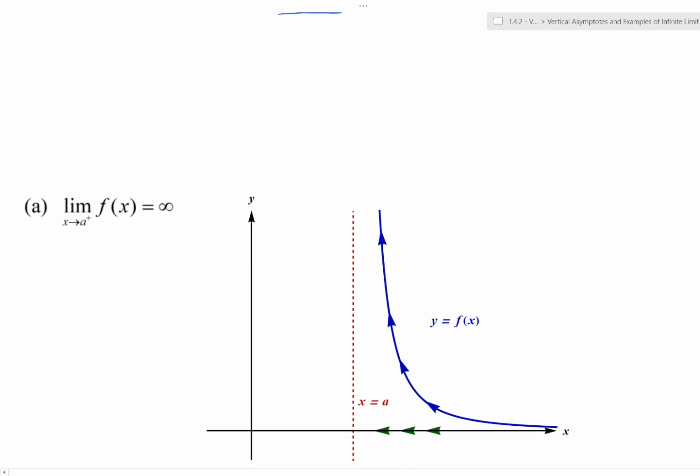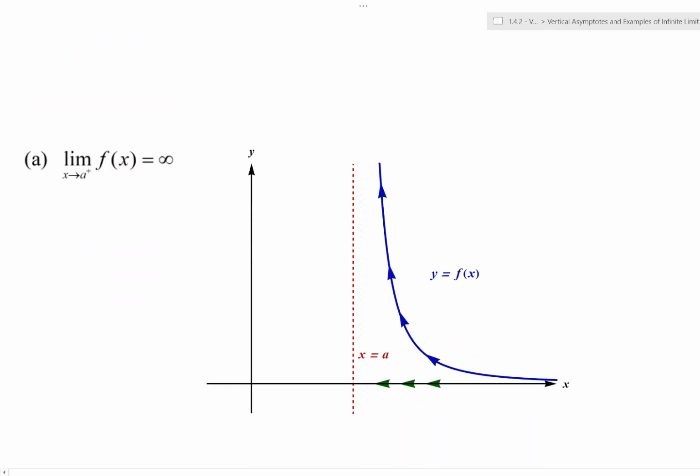First, let's consider a function f of x. Here's the notation: the limit as x goes to a from the right of f of x is infinity. As we can see in the picture, here is this vertical line x is a, up and down.